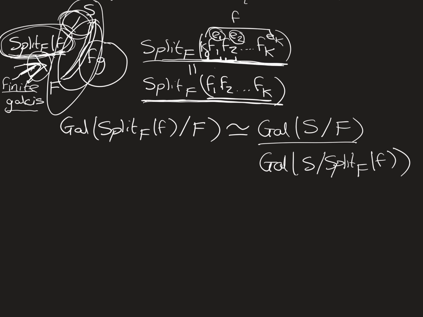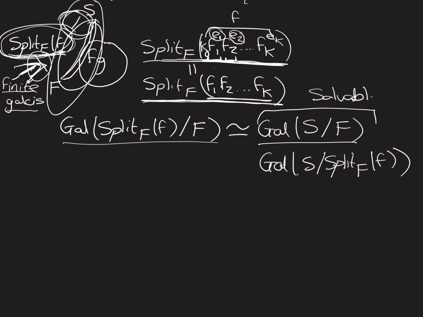So the Galois group then of the splitting field of little f over big F over F is isomorphic to the Galois group of S over F, quotiented out by the Galois group of S over the splitting field of little f over F. Now, because S is a finite solvable extension, we know that this is a solvable group.